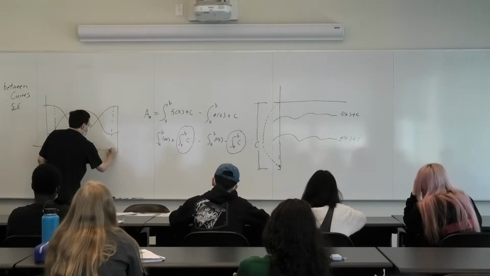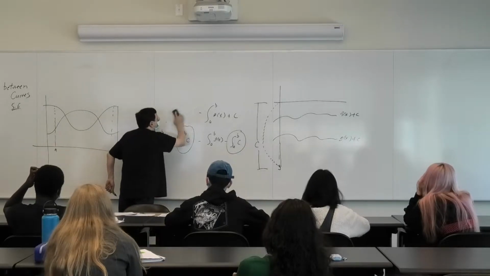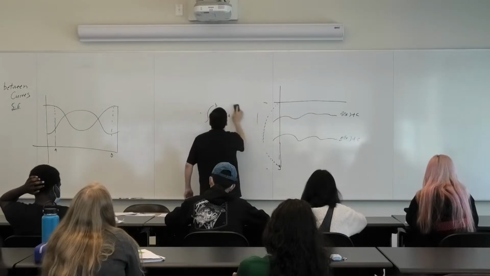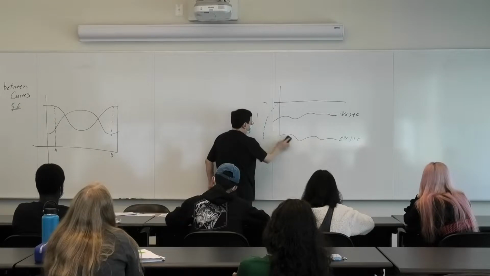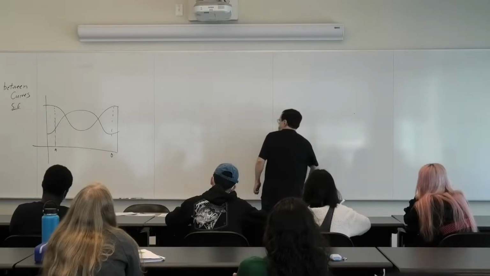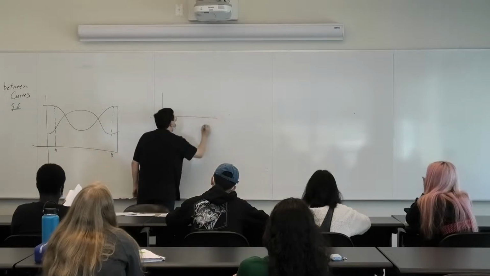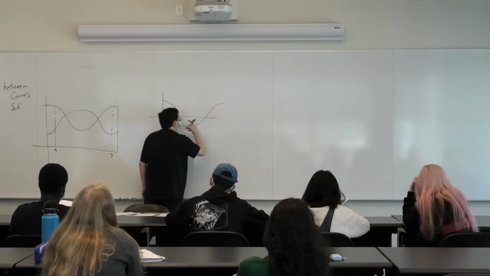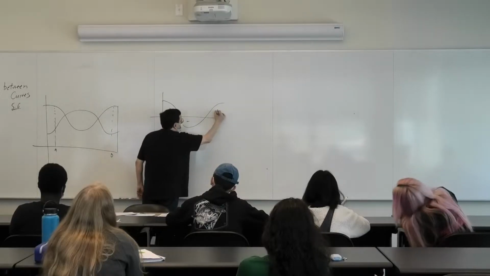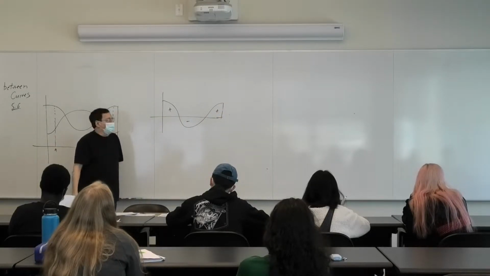Well, we saw something like this before. We saw the situation where you had some function, maybe across the axis, and normally this would be positive area, negative area, positive area, but you really wanted just the absolute value.